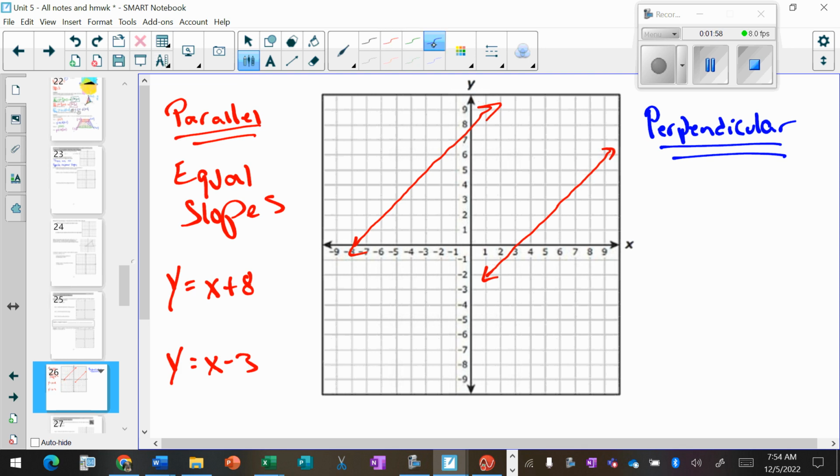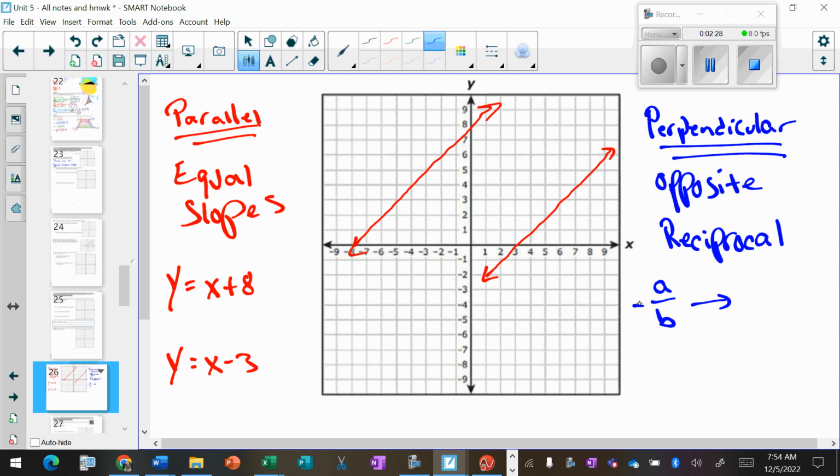Now, perpendicular would have a slope that is opposite reciprocal. We've talked about this off and on last week, formalized it on our lesson on Thursday, depending on when you're watching this video. But opposite reciprocal slope means the opposite part is taking the positive or negative value of the original slope and switching it to the opposite sign.